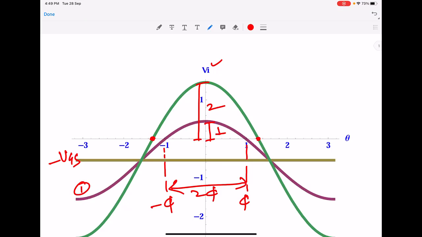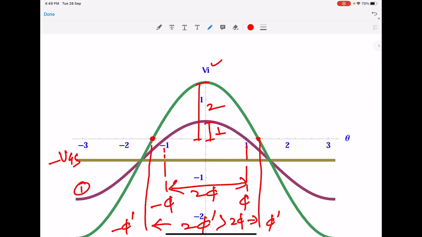So here now we have conduction angle which is larger than 2 phi, previous 2 phi. So this is greater than 2 phi.